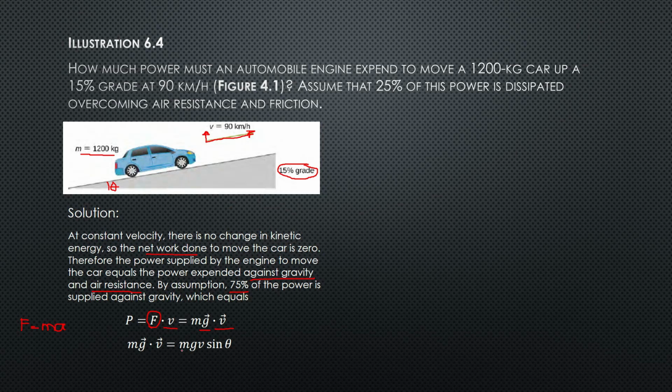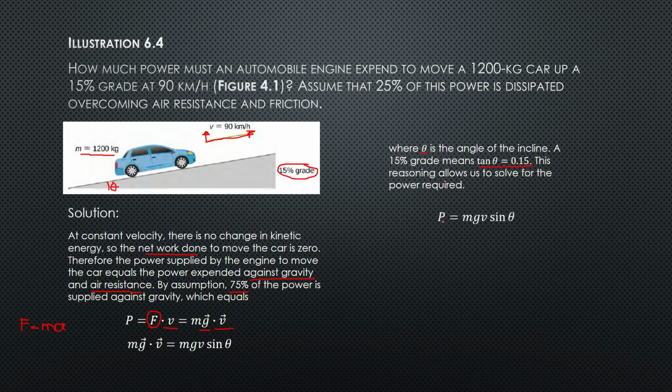The angle of inclination is given as tangent theta equals 0.15. So simplifying using the formula, power is equivalent to mass, gravitational acceleration, velocity, sine theta.